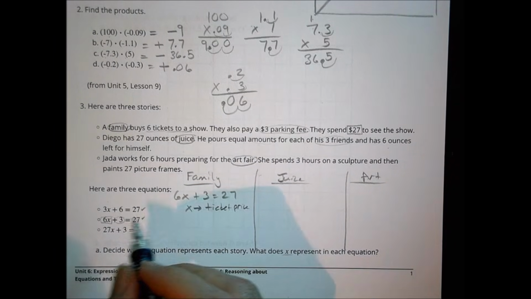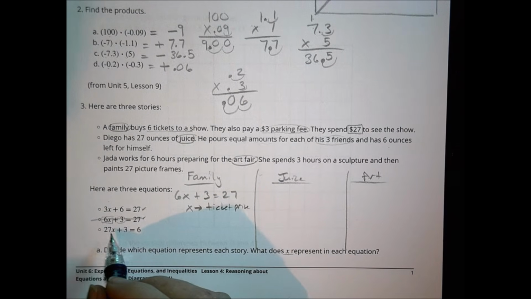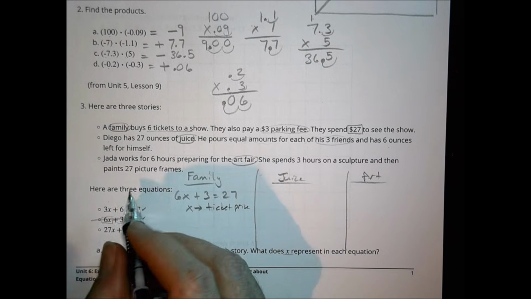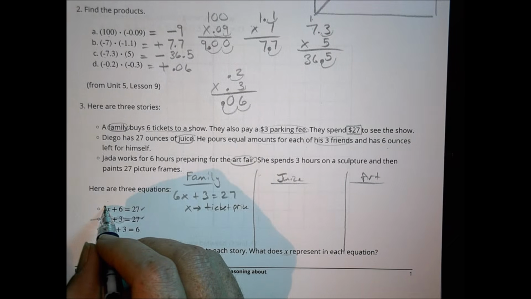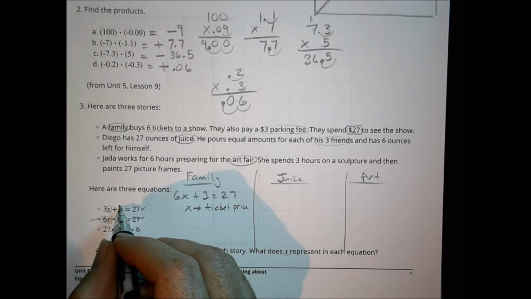Right? I've already used this one, so we're done with that one. But I look here, 27 times 3, but we're not getting more, so that's not going to work out too well. So when I look here, this one here is like 3 friends get some amount of juice, and then there's 6 ounces left over for a total of 27.